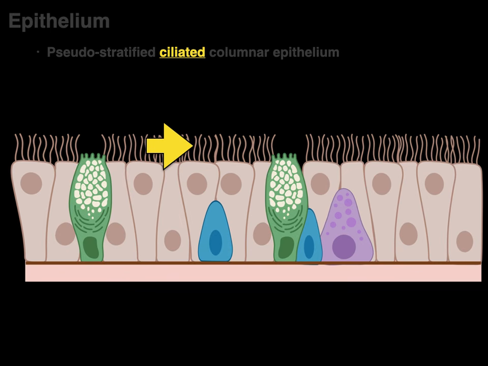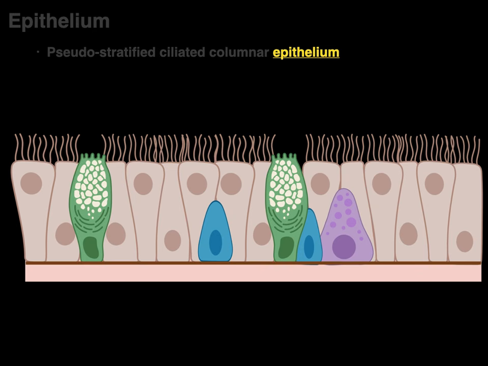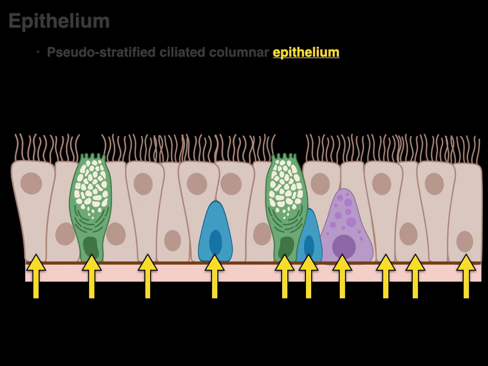Ciliated because the cilia project from it, and columnar because the cells are tall and thin, and epithelium because you have a bunch of different cells here. Even though you see various cells, like green and brown and blue and purple cells, you add a bunch of cells together, what do you get? A tissue. Those are epithelial cells, and they make epithelium or epithelial tissue.